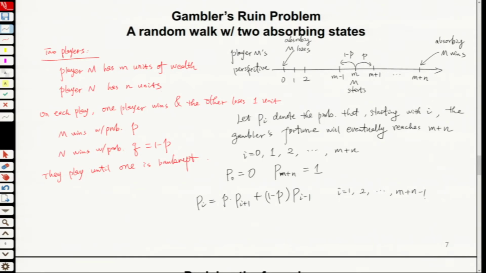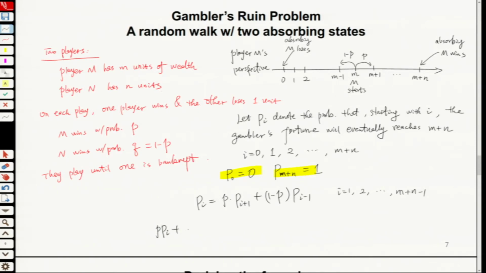Now, obviously here, we need to write this equation in a way that we can iteratively solve it, because we know P0, we know Pm plus n. We know this one and this one. Now we need to write this iteratively so that we can solve the problem. So this is P plus Q. Maybe let me write it this way.